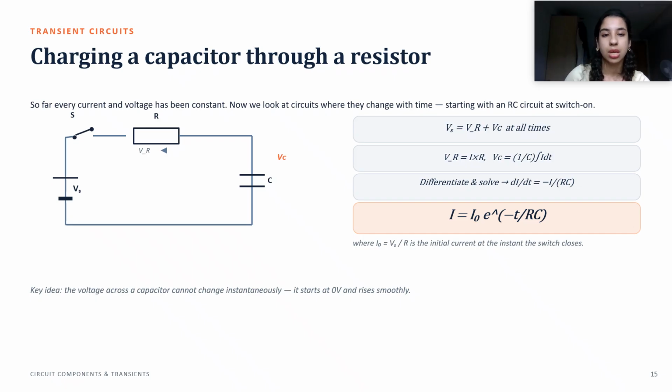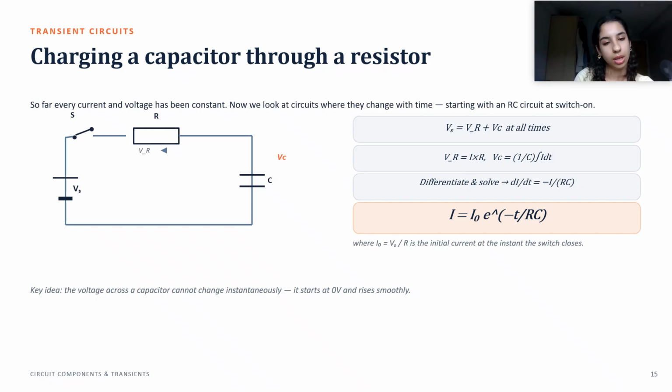Using Kirchhoff's law, VS equals the voltage across the resistor plus the voltage across the capacitor, because it's in series. Again, remember, series makes everything easier, but in real life, nothing is in series. And we know how to find VR: that is the current times the resistance.